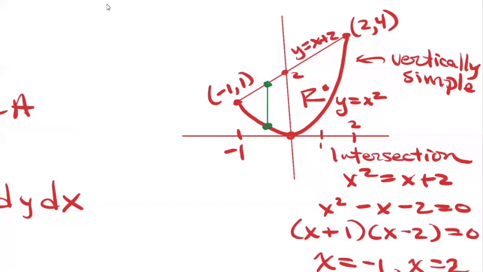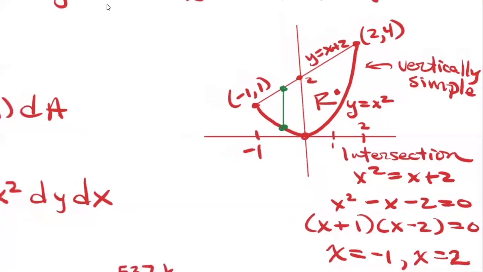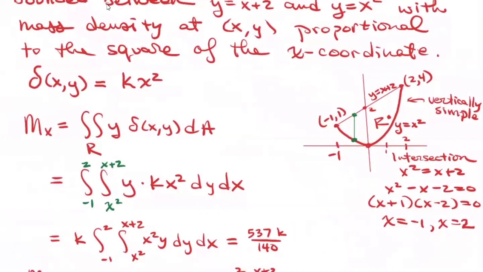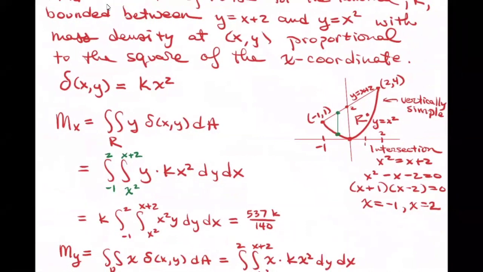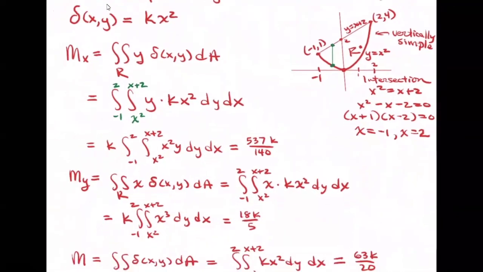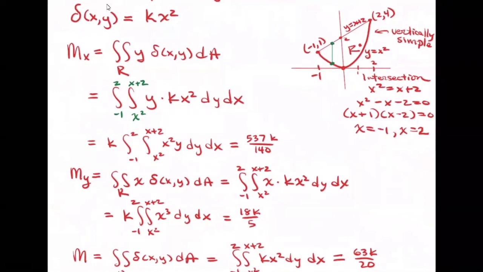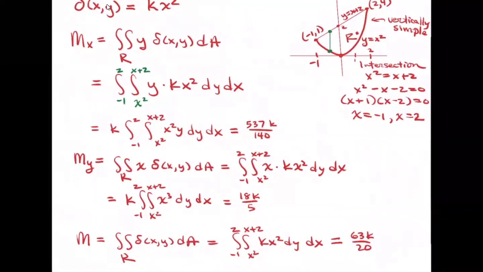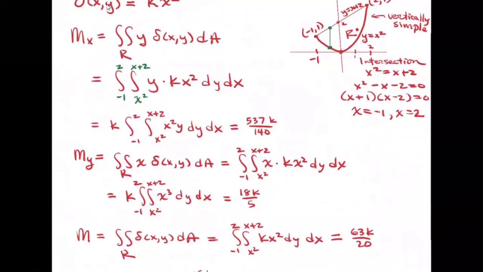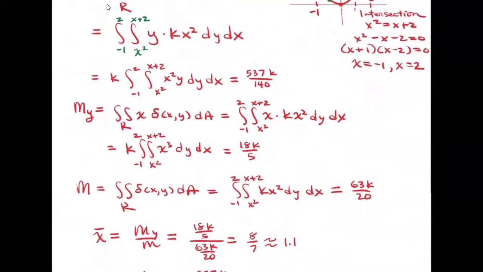It looks really out of position, but remember this thing gets heavy as x increases. So this thing is really heavy on the right side and it's not heavy on the left. So that's why the center of mass is so out of whack. And plus my picture is probably not that great.